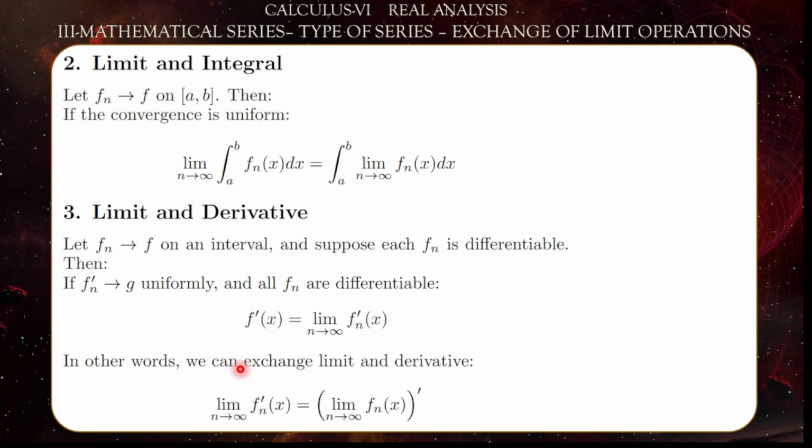In other words, we can exchange limit and derivative. So the limit as n approaches infinity of fn prime x is equal to the derivative of the limit of fnx. So the limit of the derivative is equal to the derivative of the limit. Also very useful in finding convergence.